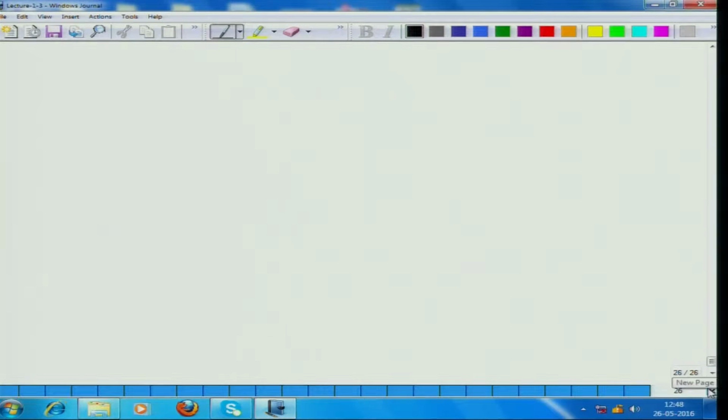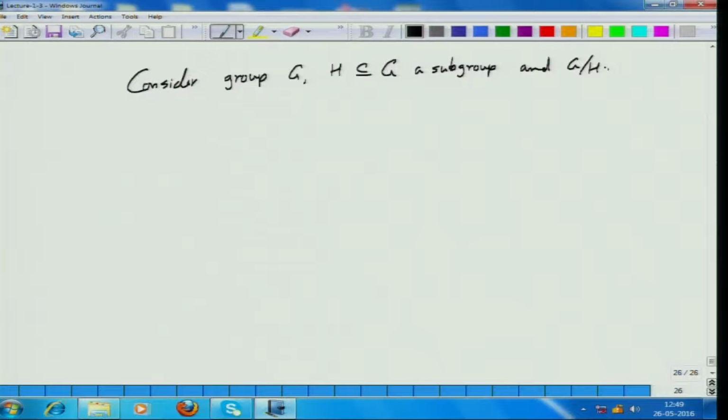Let us consider a group G, a subgroup H of G, and the quotient G slash H. So, here are three groups that we consider.